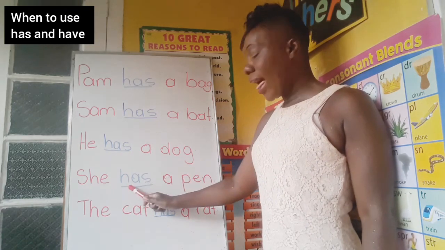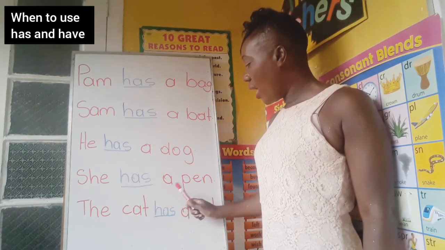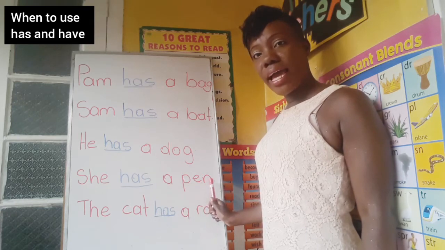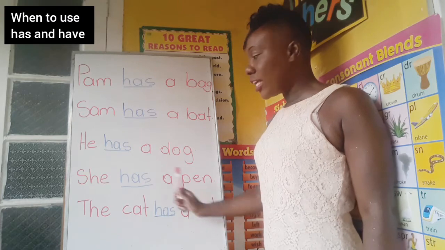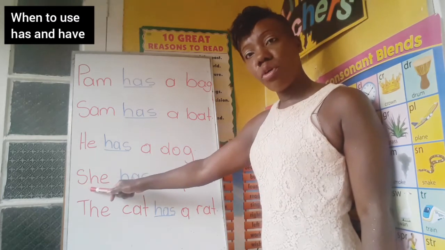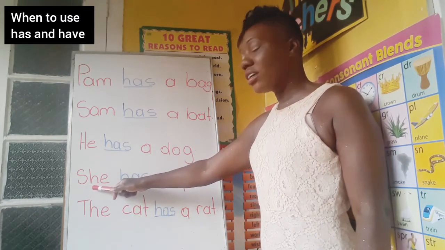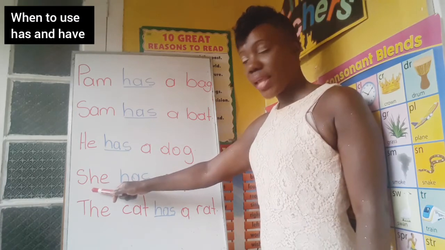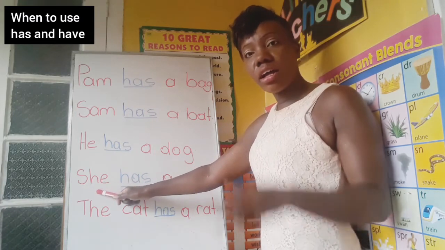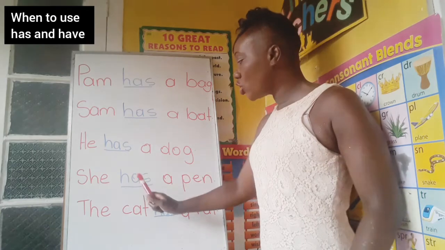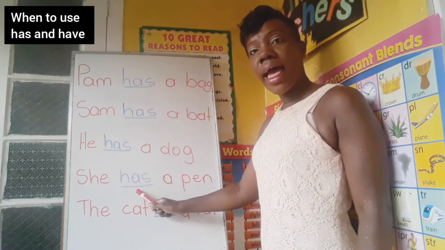She has a pen. She, it's a pronoun. It's referring to a girl. And this is singular because it's one girl. So you use the word has.